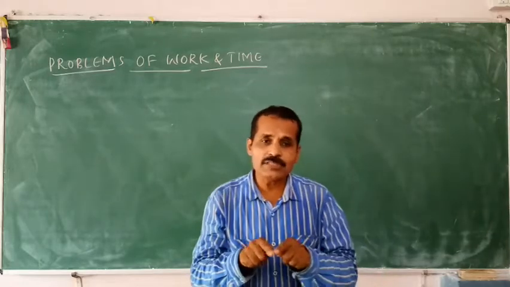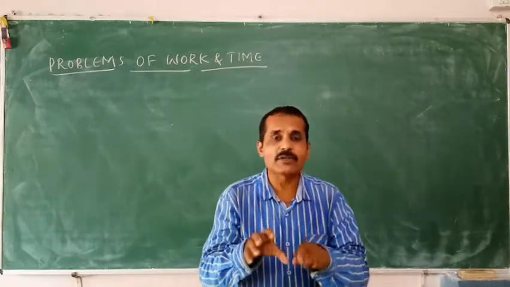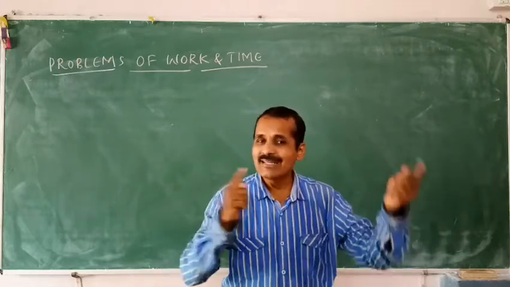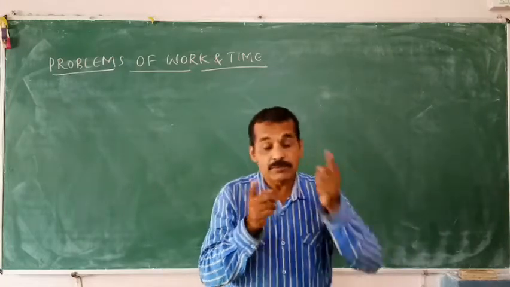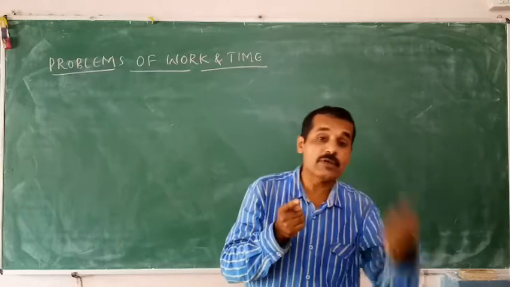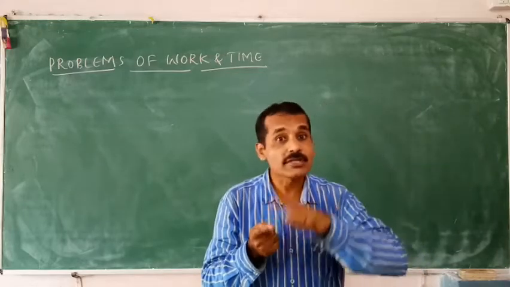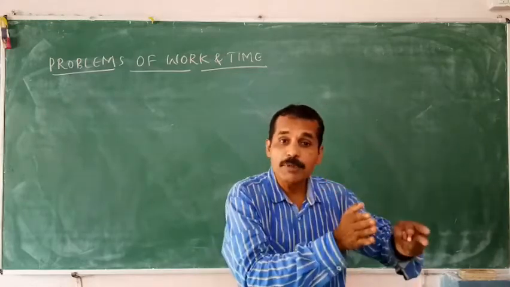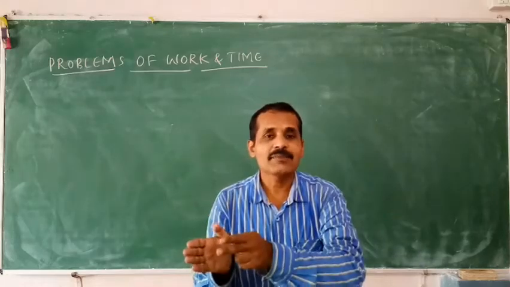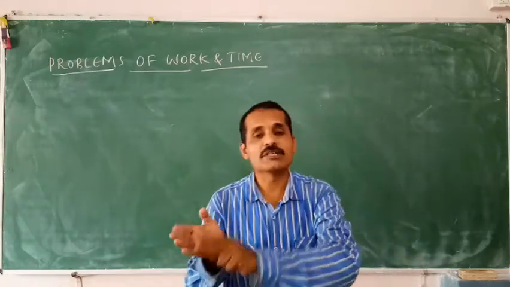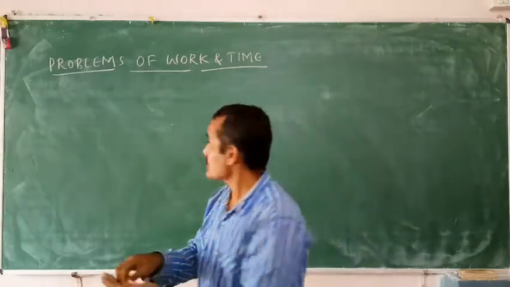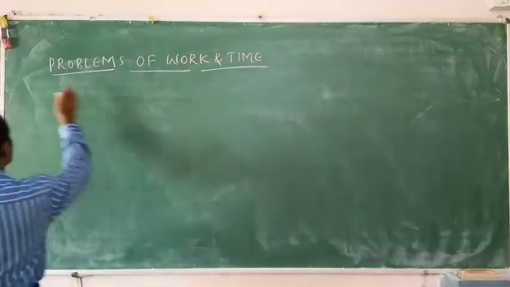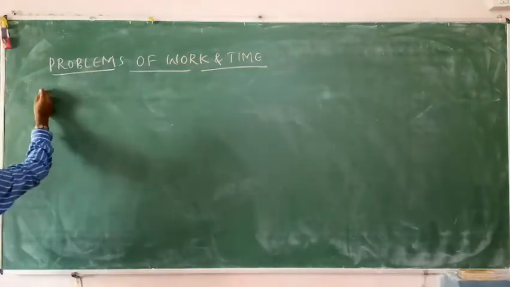If less number of students are included, the time taken will be more. Means time and work, number of people and work, they are inversely proportional. More is the people, less is the time. Less is the people, more is the time. That's what you have to keep in mind. Okay, I will start.